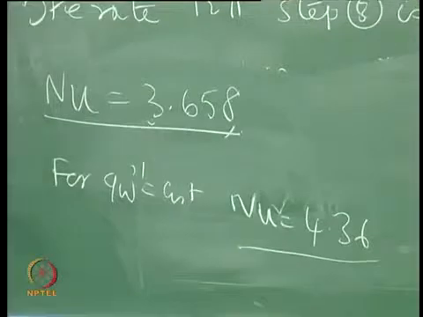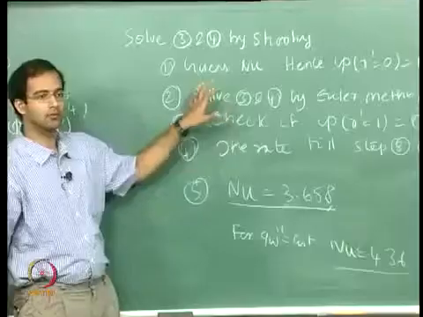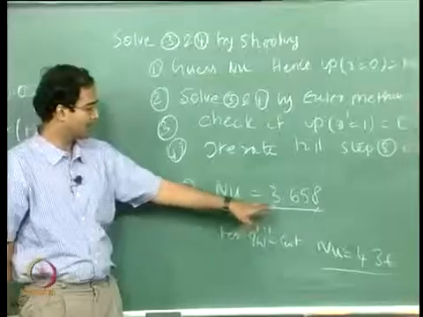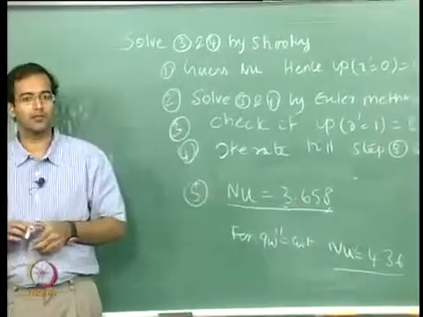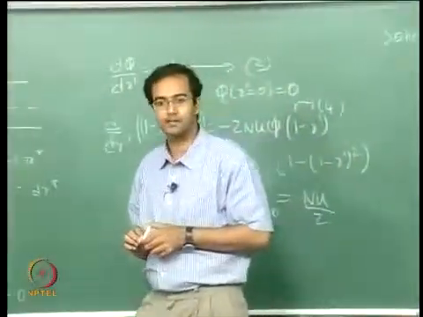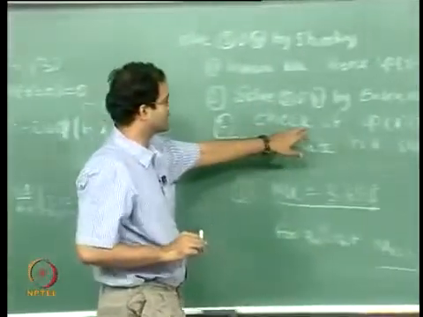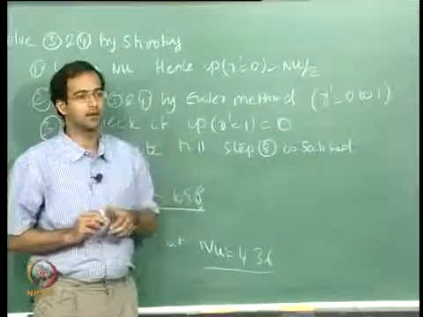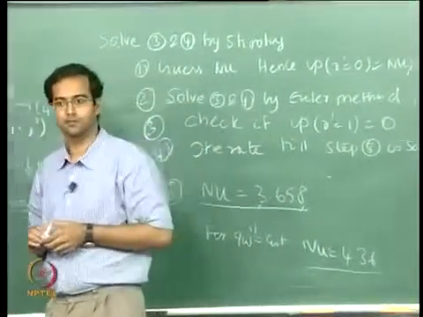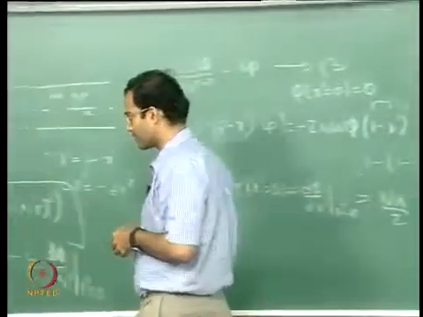So for the isothermal case, if you do a trial and error, you will finally see that at Nusselt number 3.658 this exactly satisfies this boundary condition: psi at r star equal to 1 will be 0. Okay.